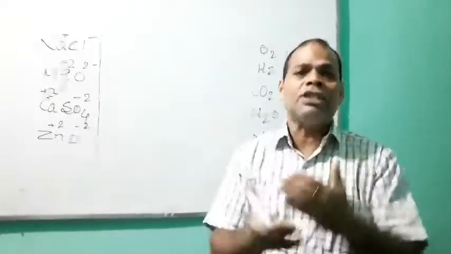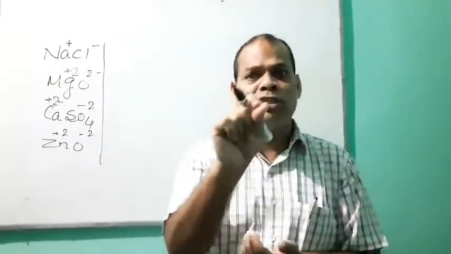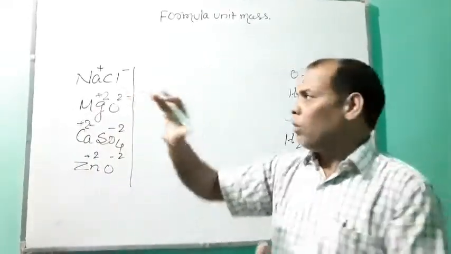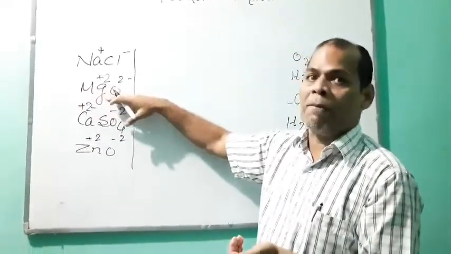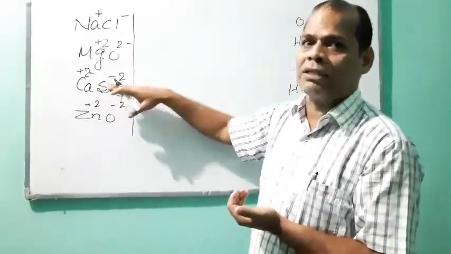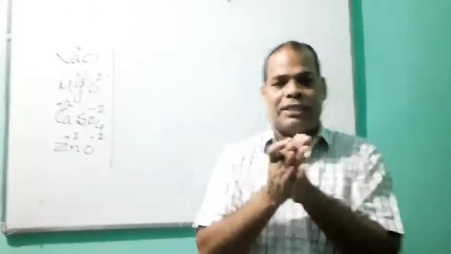When there is a need to find its mass, we call it formula unit mass of sodium chloride, formula unit mass of magnesium oxide, formula unit mass of calcium sulfate, formula unit mass of zinc oxide.